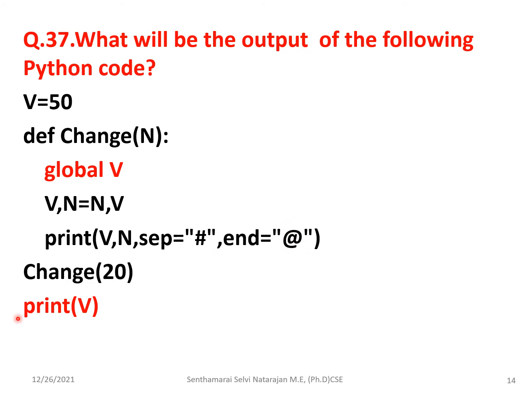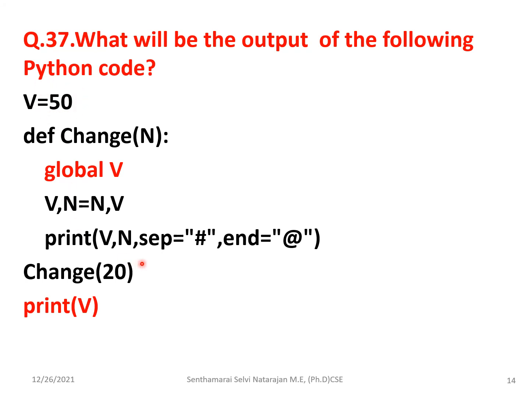Then moving to this print statement, now the value of v to be printed. You will get confused at this point about which value is to be taken. After this statement the value of v is 20. But you have declared global v, so you will be confused with the value 50.